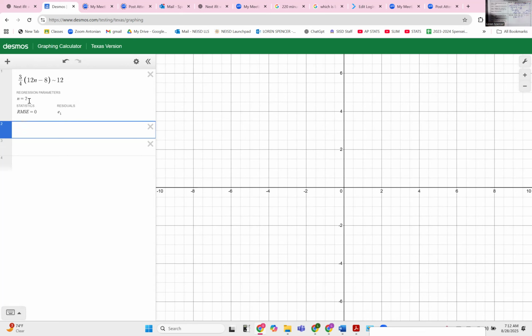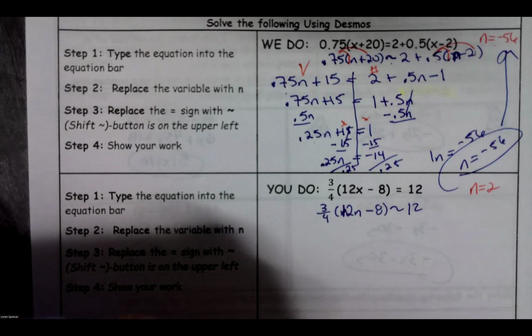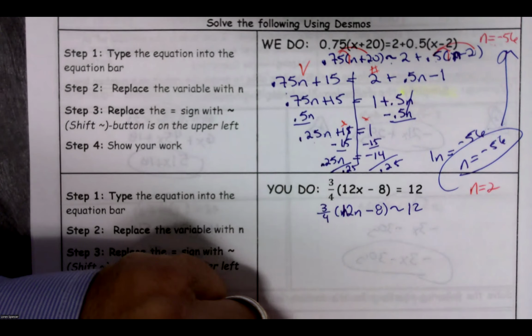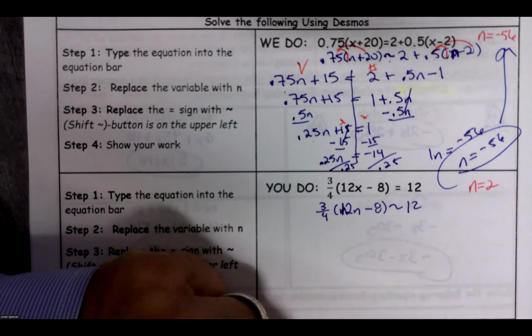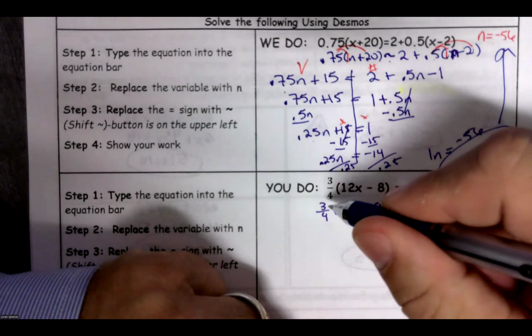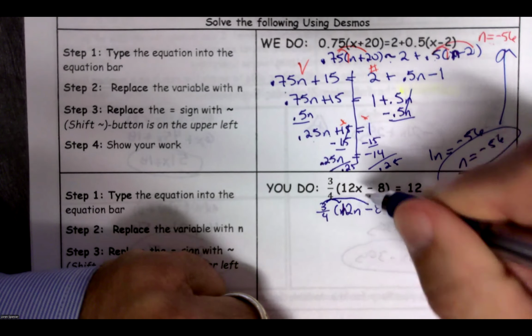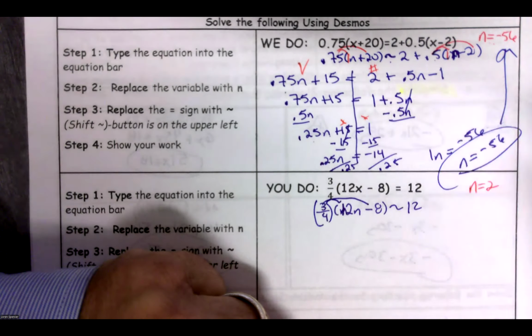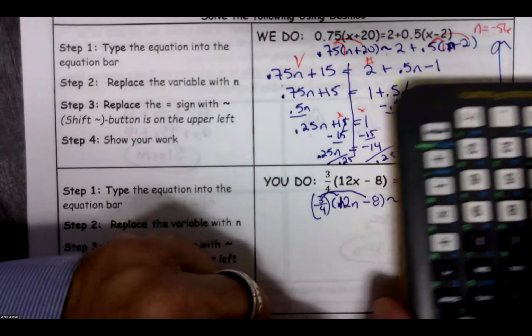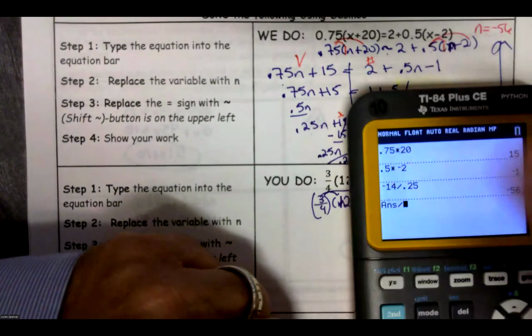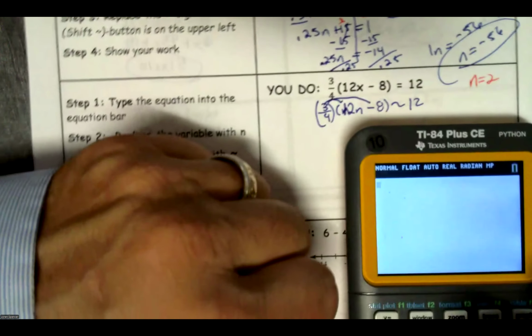So I'm noting that down, and we're going to switch back so we can actually show our work to receive credit. This gives us the right answer to check, but now we need to show our work to get credit. Well, I need to distribute a 3/4. I find that if I have fractions, I'm better off putting them in parentheses. So let's do that. And then we'll use this instead of the Desmos calculator.